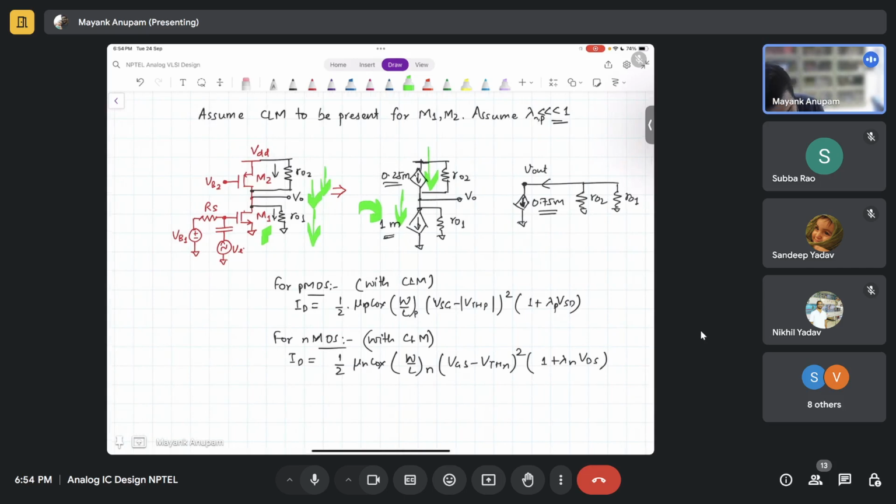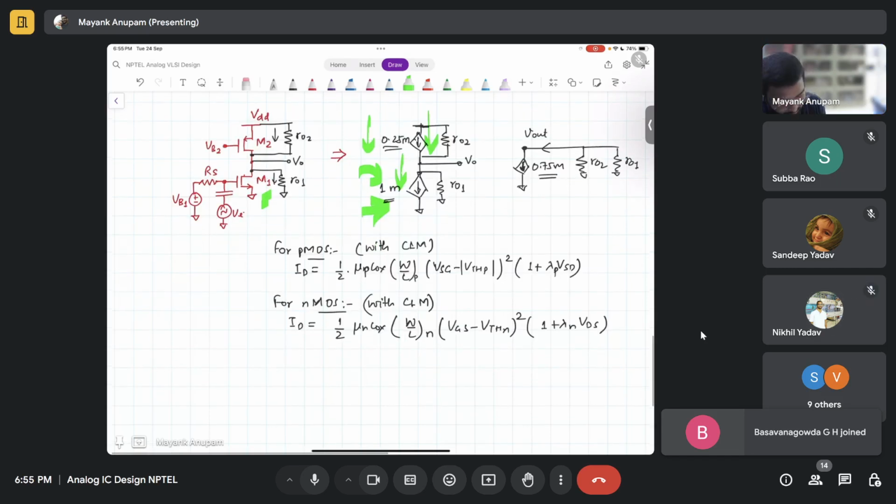The drain starts to go down, and the current that NMOS requires starts to come down, whereas the current that PMOS is supplying starts to increase. One starts to increase, one starts to decrease, and this will keep happening until both are in sync. You get my point?